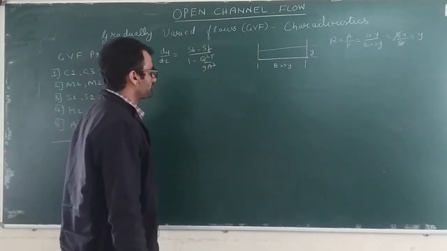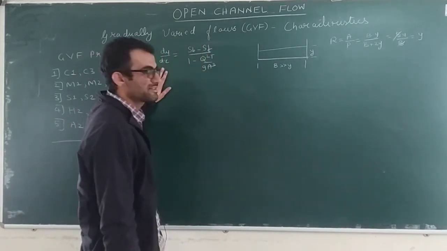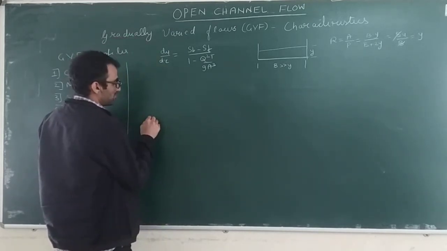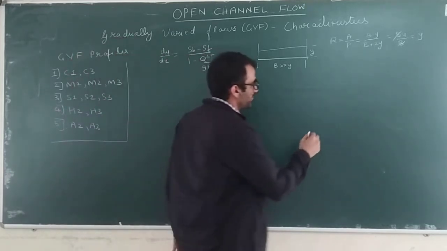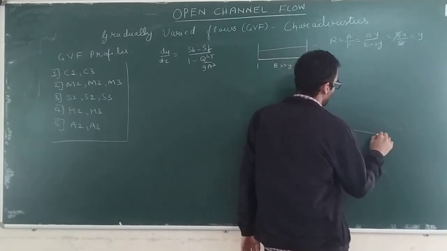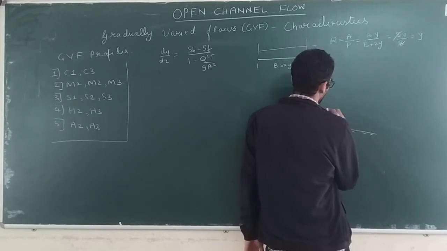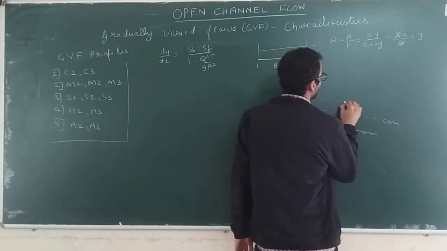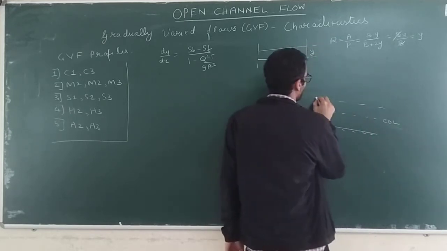Now see, we will convert this equation. How will we convert this equation? Suppose we talk about a GVF profile. Let us say the M1 profile we have seen now. How was that profile? I will draw that again. This was your CDL. Just for an example I am drawing it so that you can imagine while applying the equation.